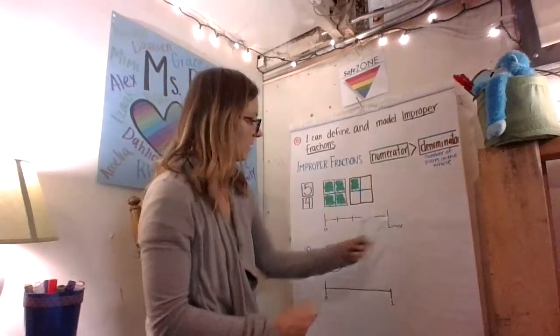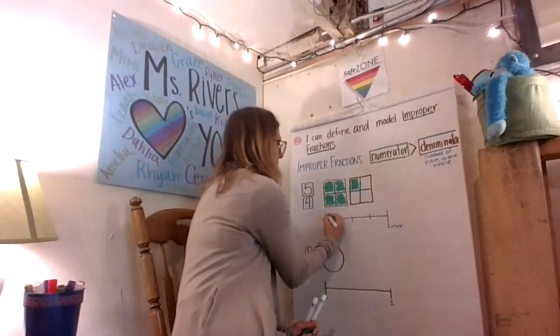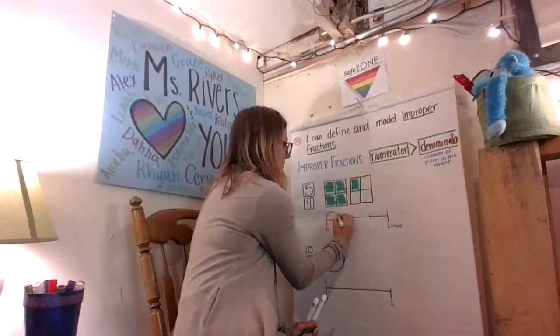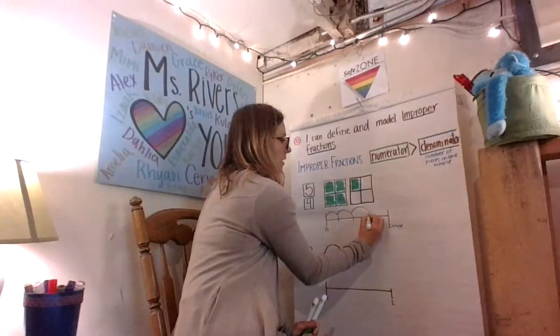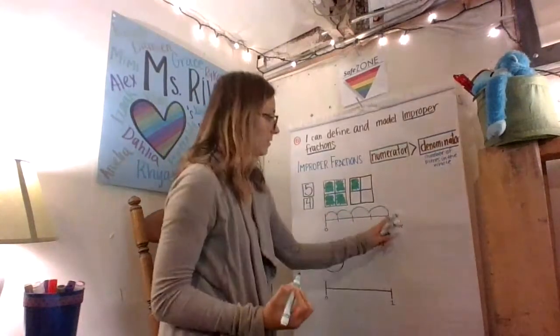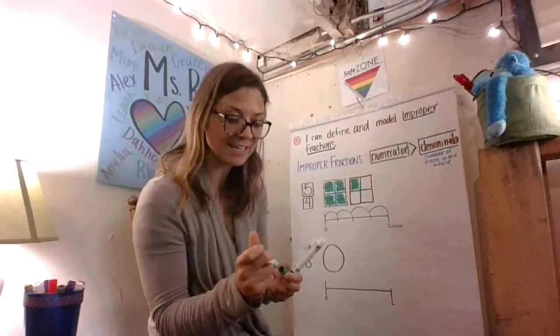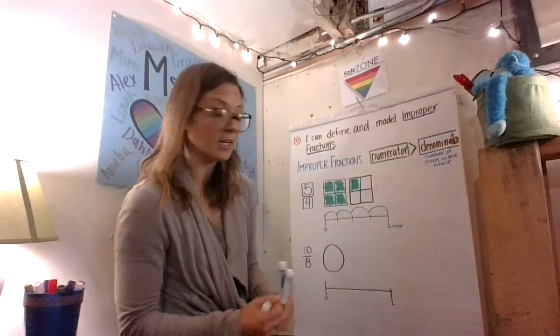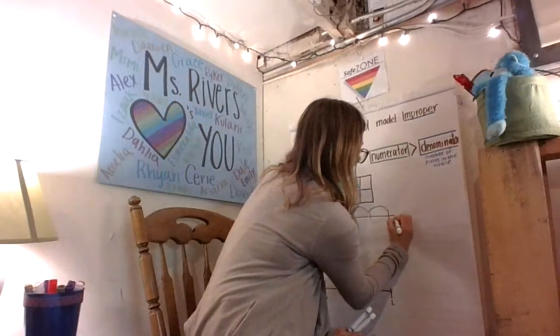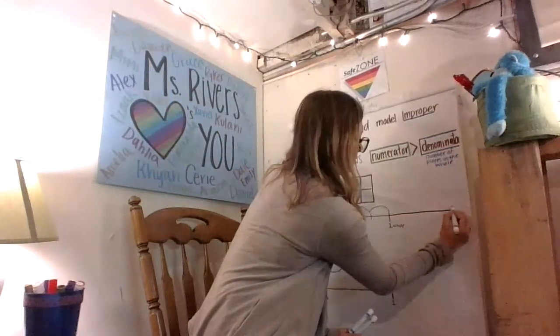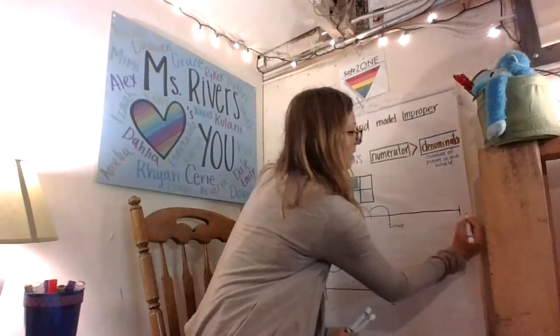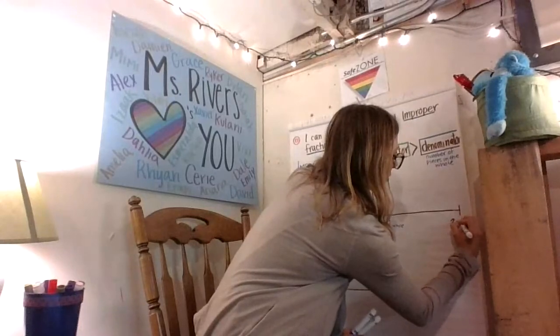Here on this number line, I'm going to jump 1, 2, 3, 4 to my 1 whole, and now I can extend my number line to right about there, to 2 wholes.